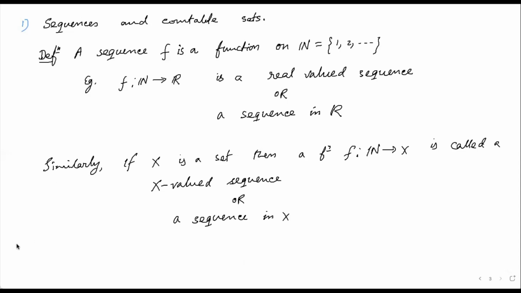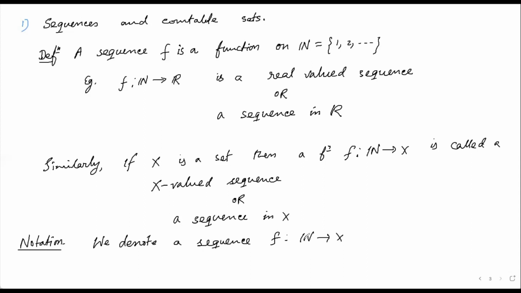So we have some notations. We denote a sequence f from N to X. X may be a set of integers or set of rationals, or set of reals, set of complex numbers. So X can be any non-empty set.